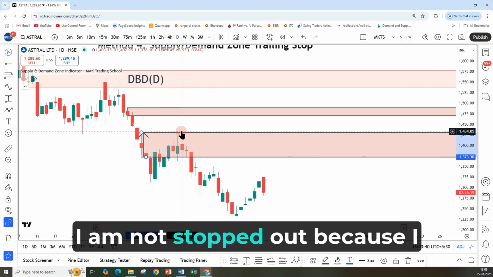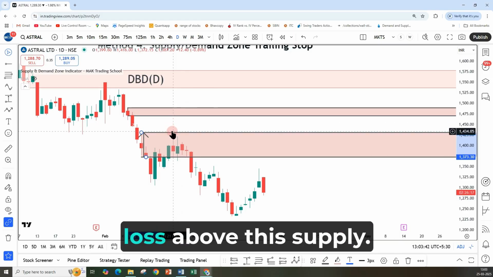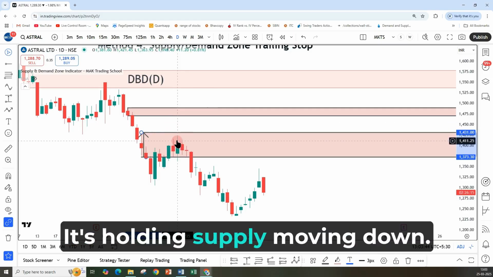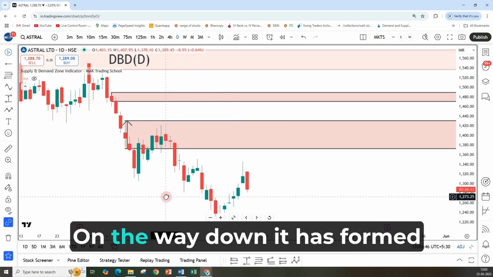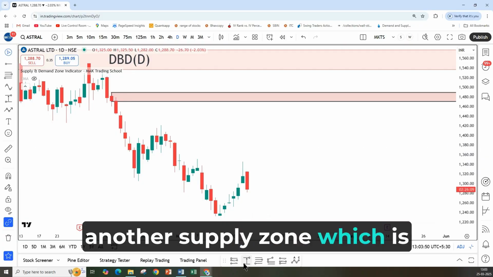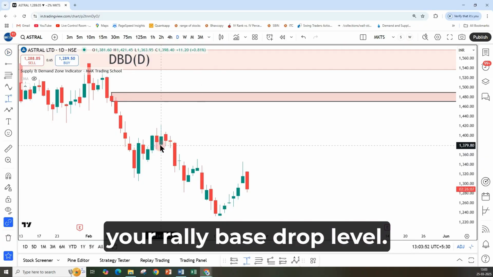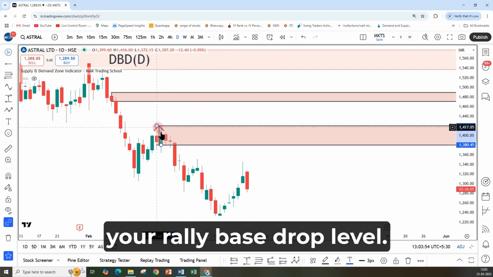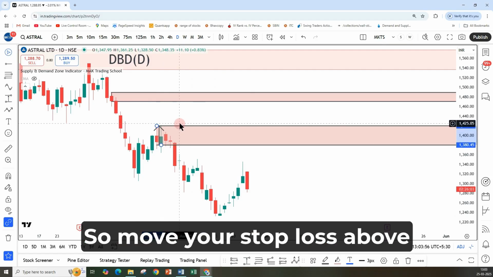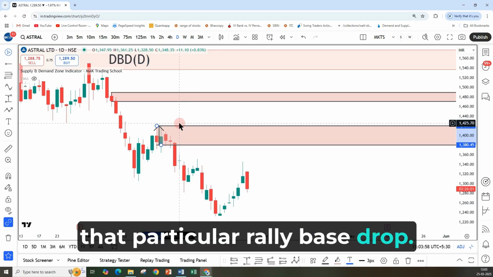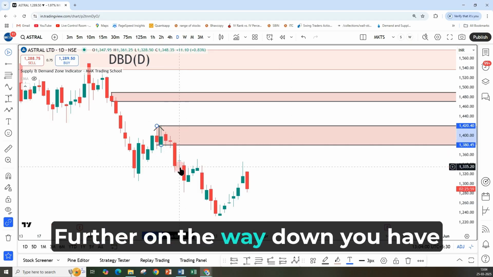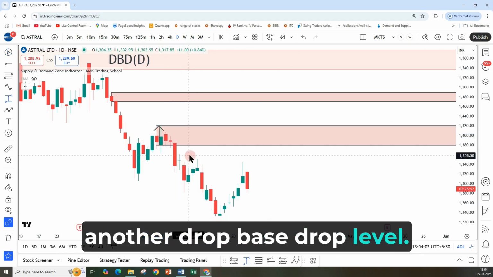I am not stopped out because I would have moved my stop loss above this supply. It's holding supply, moving down. On the way down, it has formed another supply zone, which is your rally base drop level. So move your stop loss above that particular rally base drop. Further on the way down, you have another drop base drop level.